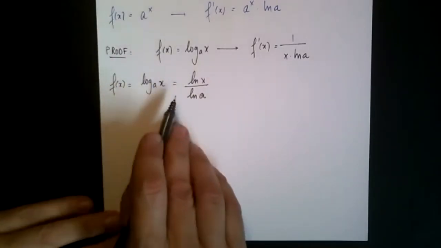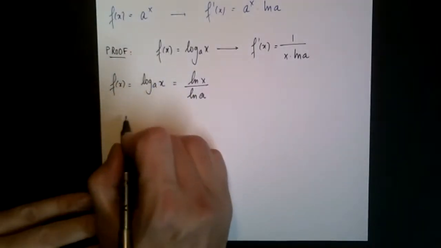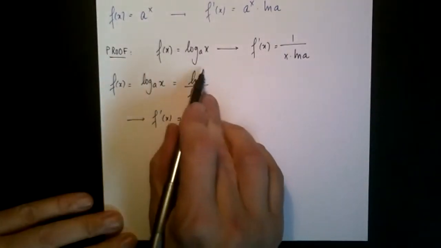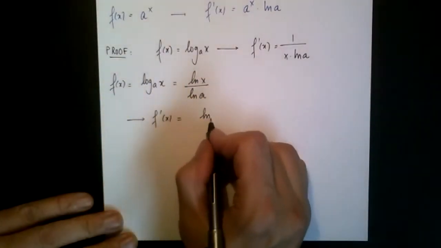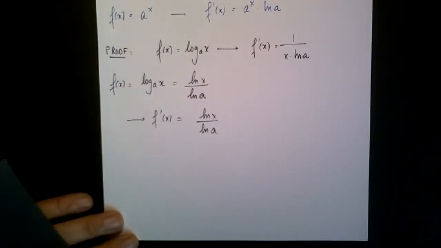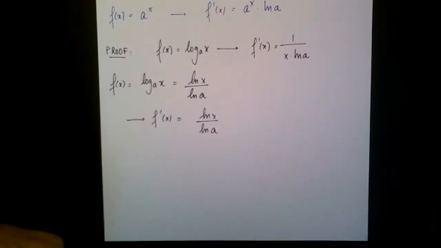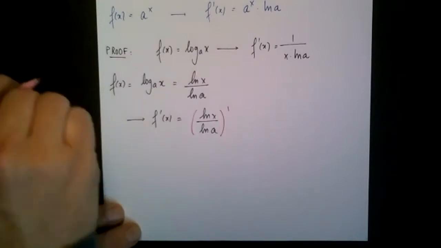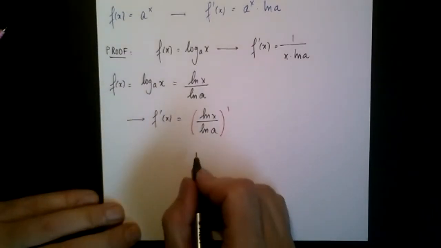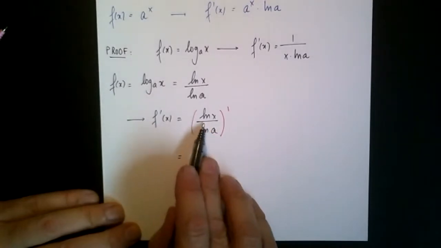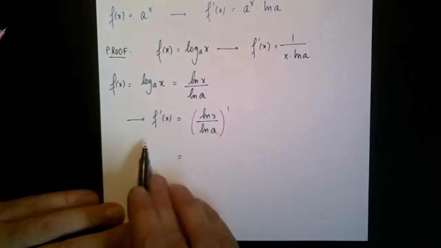Now if I want to derive this, f prime of x will be the derivative of this. I'm going to keep with my pink notation for derivatives, prime. That is equal to, so ln a is a constant, so I can pull it out.